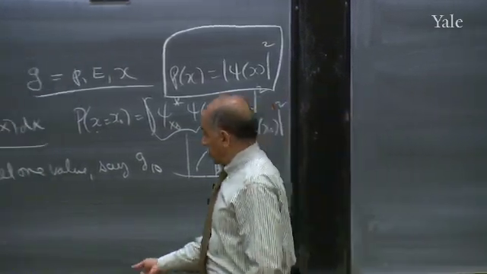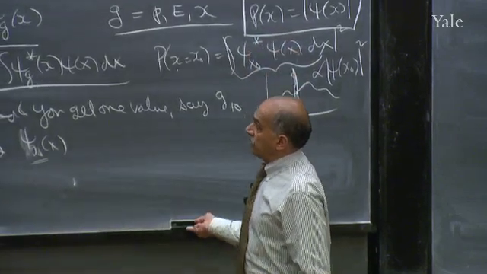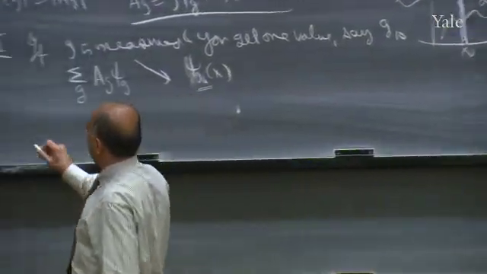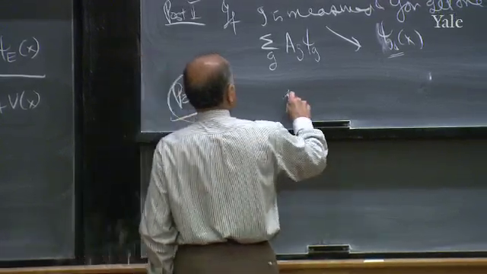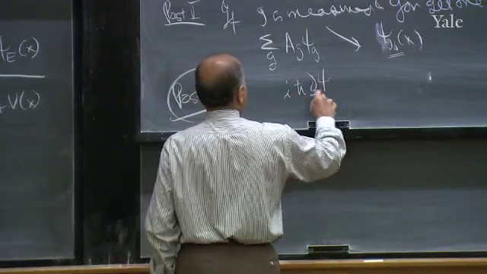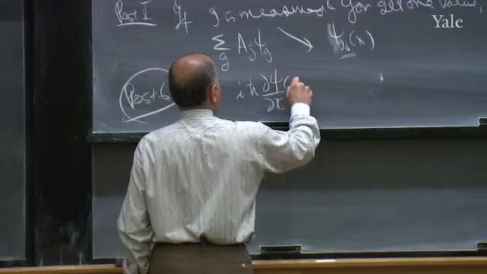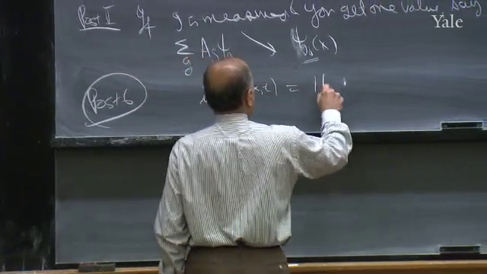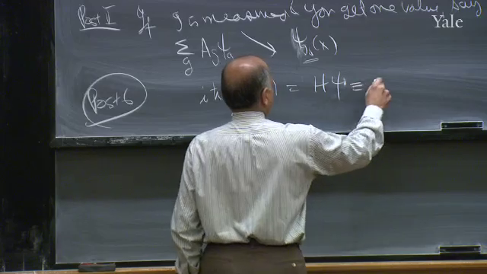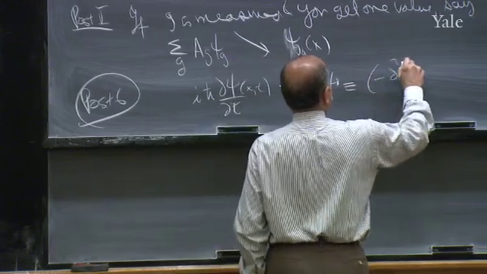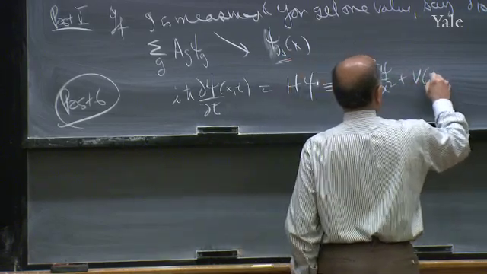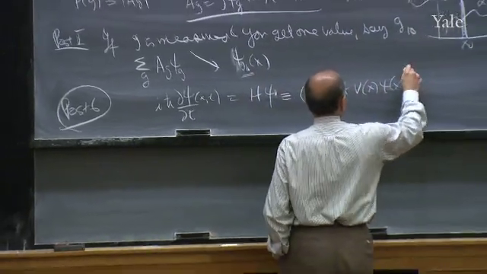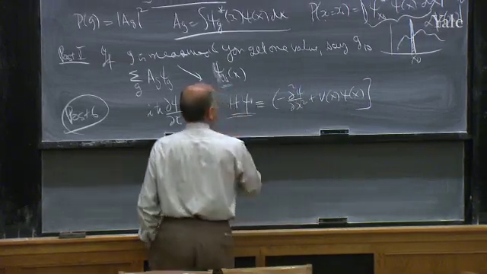And the last postulate, all important postulate 6, says that the state changes with time according to the Schrödinger equation. I'm just going to call it h psi, but from now on, it'll be minus d2 psi over dx squared plus v of x psi of x. If I get tired of writing it, I will call it h psi.